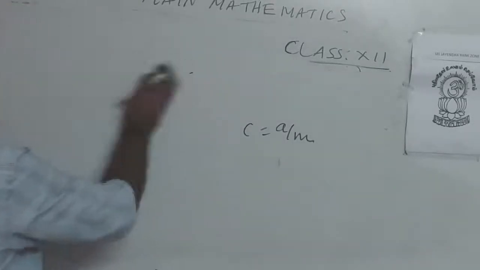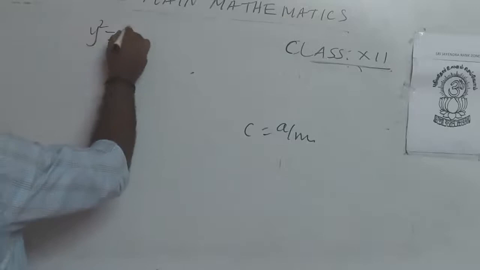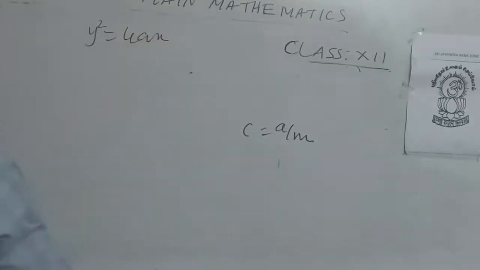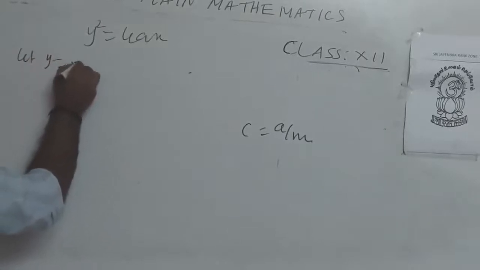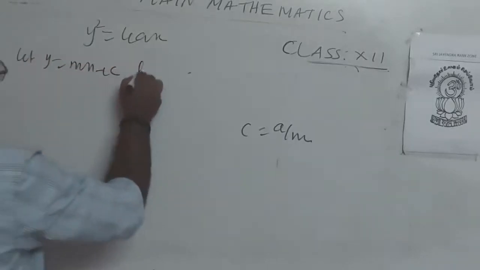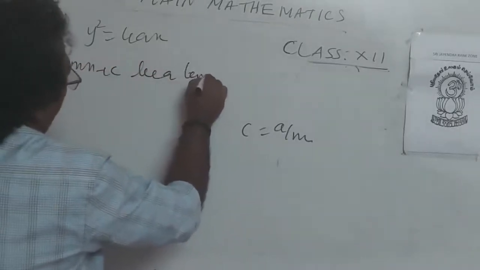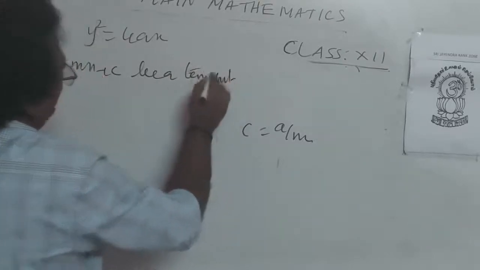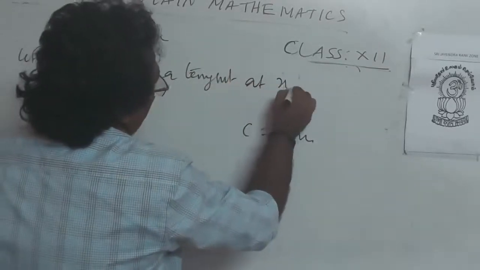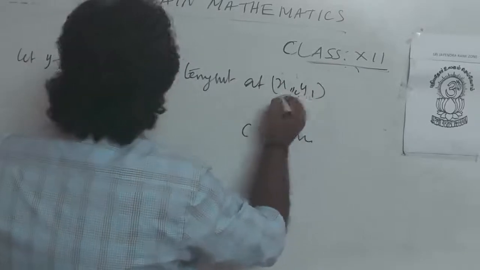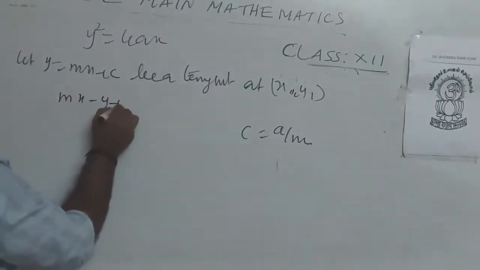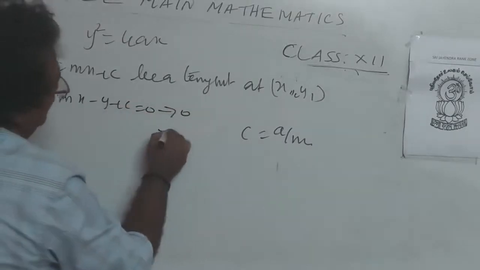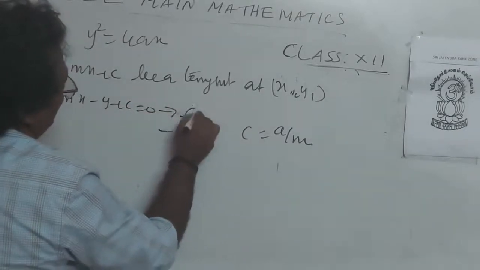Suppose y squared equal to 4ax. Let y equal to mx plus c be a tangent at x1 comma y1, that is mx minus y plus c equal to 0, that is 1.